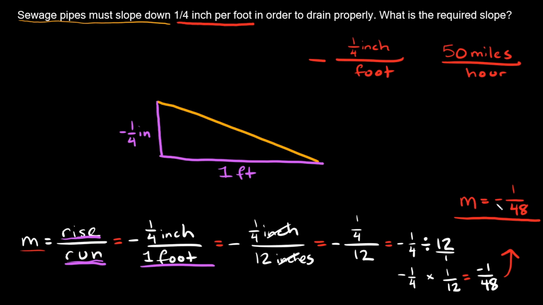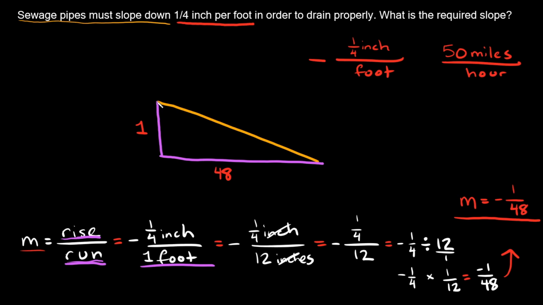The way you read or use the slope, let's get rid of these that we tacked on earlier, is this: the slope is equal to negative 1/48. All that means is for whatever units you're working with, say inches, for every 1 inch that I go down, I have to go over 48 inches. But you can also apply it to other units.